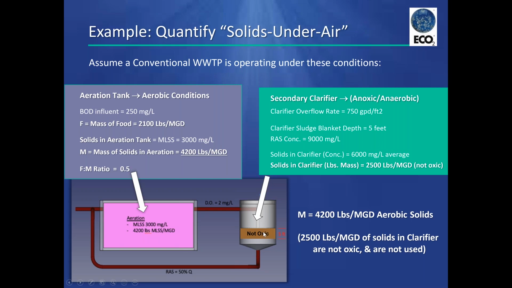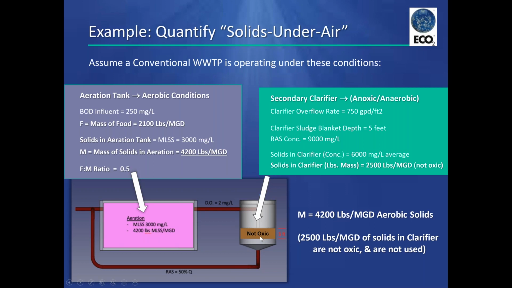Under those conditions, we would have 2,500 pounds of biomass sitting in the secondary clarifier, which is not oxic and therefore not able to enter into aerobic metabolism.